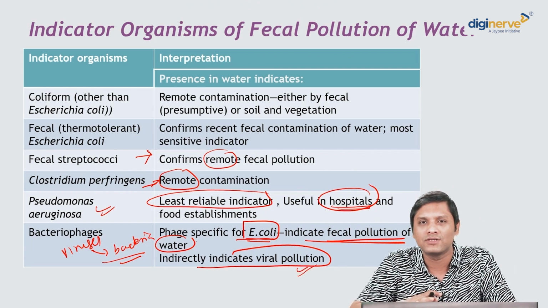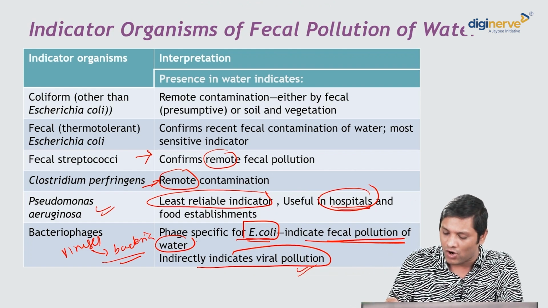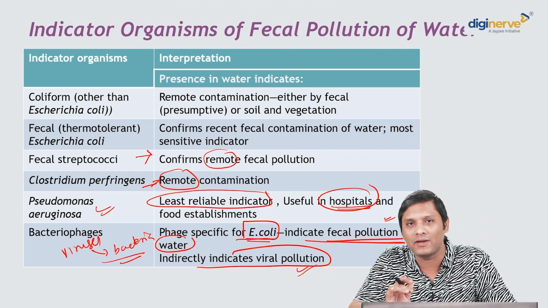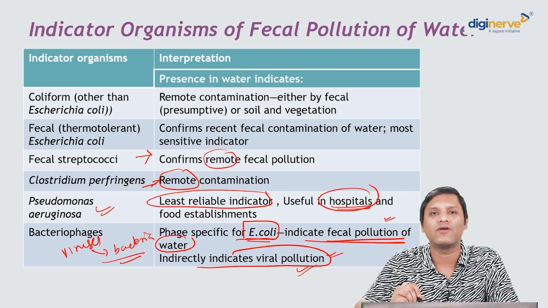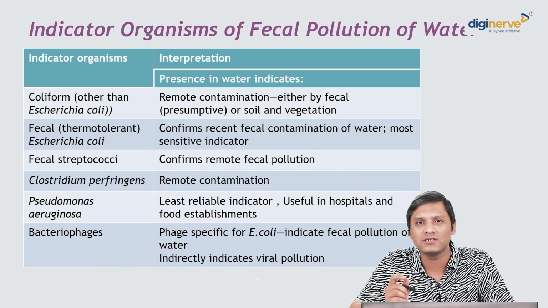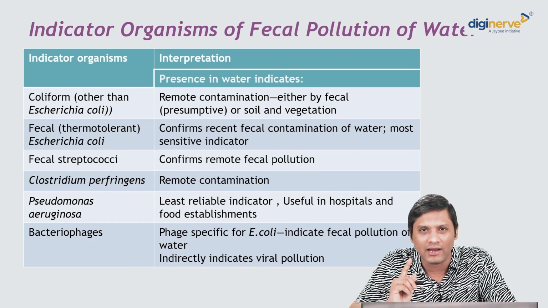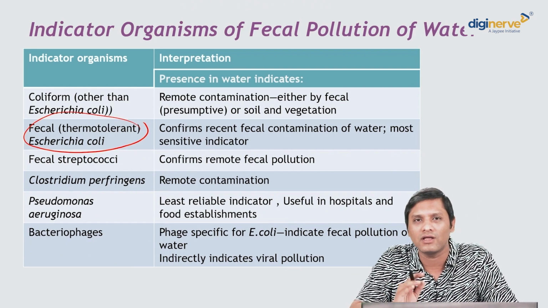So these are the various indicator organisms, but among these the most reliable indicator organism is fecal or thermotolerant E. coli. Now we will see what the testing methods available for water analysis are.